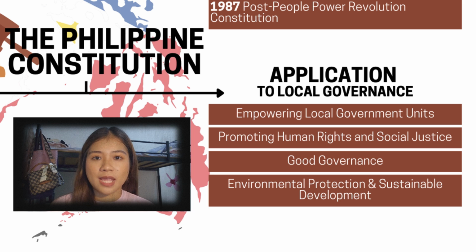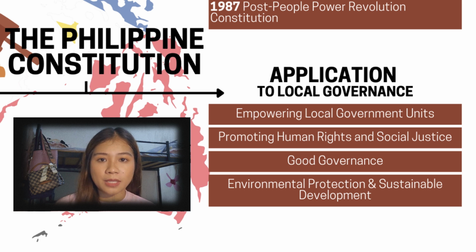Upon understanding the significant role of the Constitution in the historical evolution of the Philippine Constitution, the group has come to see that this information can be used in our local area by empowering local governance, spreading awareness, and protecting human rights and social justice. So, promoting good governance and advocating for environmental protection and sustainable development.